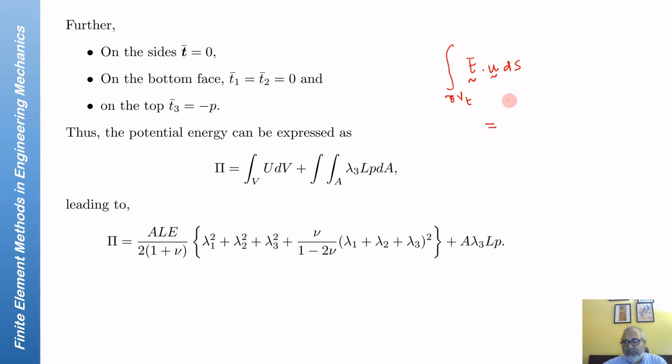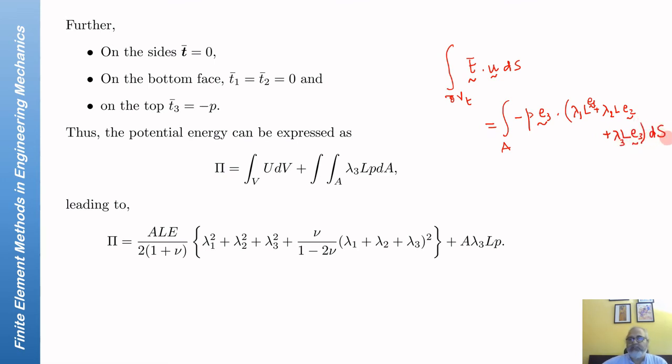In this case, on the top surface, which has an area of A, we have T bar equal to minus P E3, dotted with U, which is lambda 1 L E1, lambda 2 L E2 plus lambda 3 L E3, ds.